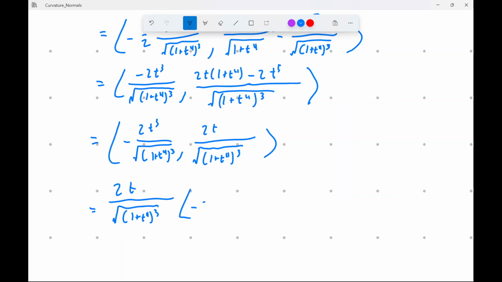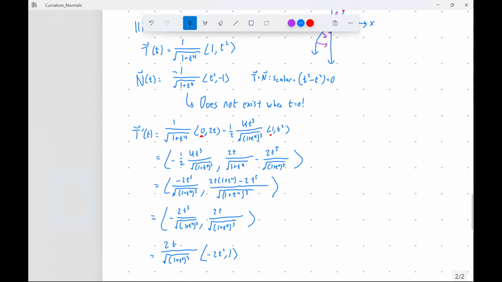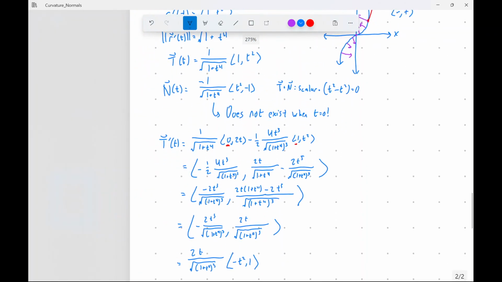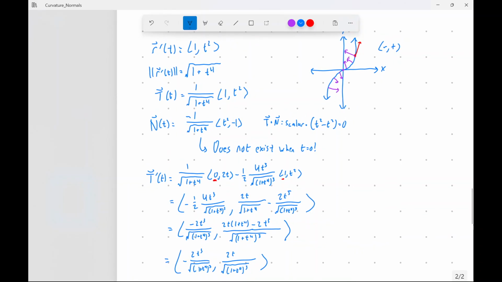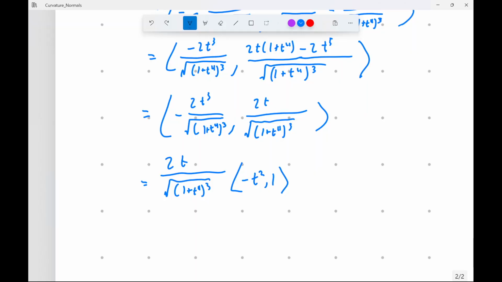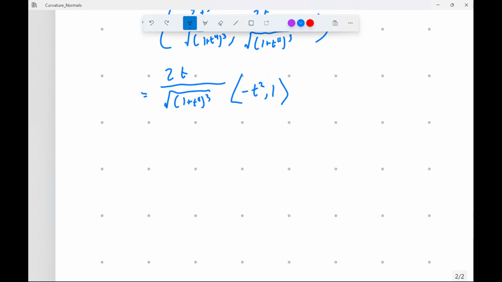So then that'll be negative t squared, comma 1. Not negative 2t squared; I factored things out wrong the first time. And anyway, you can sort of see where this from up here, t squared, negative 1, is going to come from. We have a t squared and a 1 here, and then the minus sign is out here. Here we have it inside, but it's basically the same.